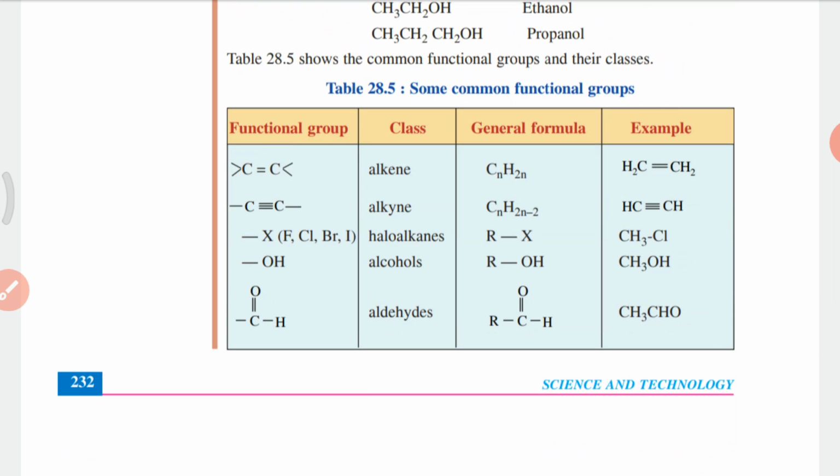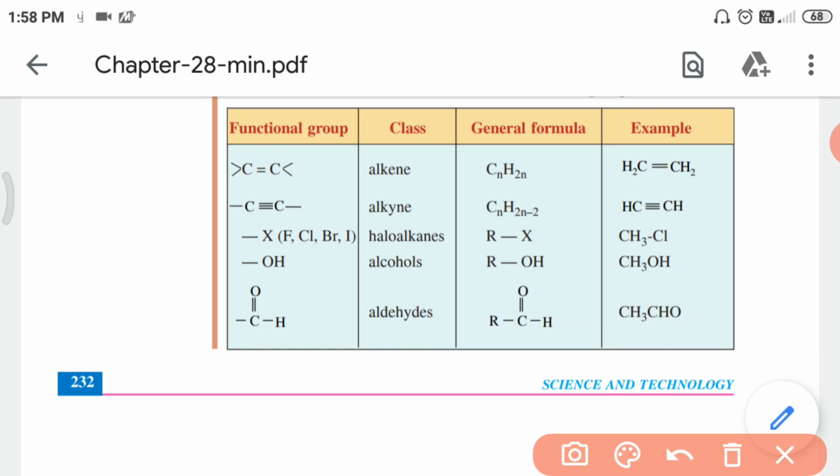These are the commonly used functional groups. First one is the double bond. The carbon-carbon double bond is known as alkene. General formula is CnH2n. We already studied that. The triple bond is known as alkyne. Then another one, haloalkanes.